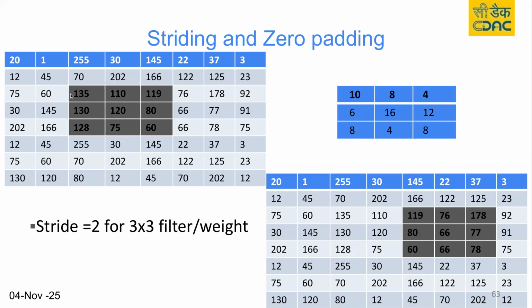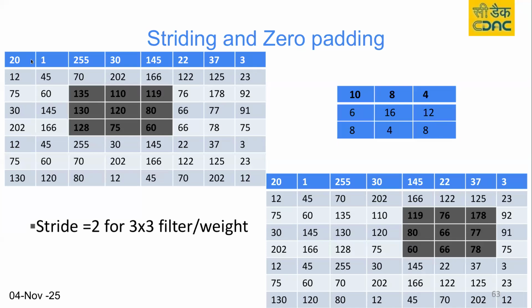But if you have stride 2, I first perform the convolution operation on this 3 cross 3. Then I'll skip two columns and perform the next convolution operation on this 3 cross 3. Then I'll perform the convolution operation on this 3 cross 3. So if stride equals 2, I skip two columns; if stride equals 3, I skip three columns.